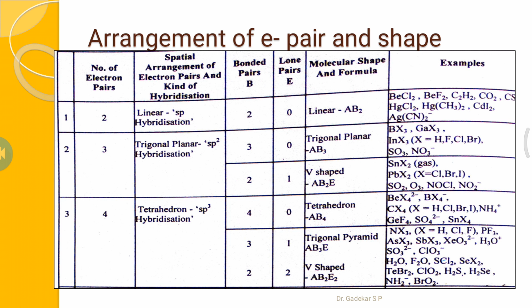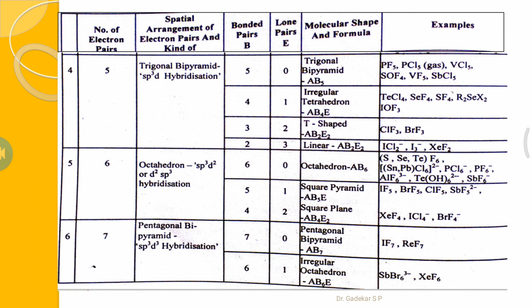So this is the arrangement of electron pairs and shape. Another arrangement is the fourth example. If there are 5 electron pairs, the geometry is trigonal bipyramidal and the hybridization is sp3d. There are 4 situations.